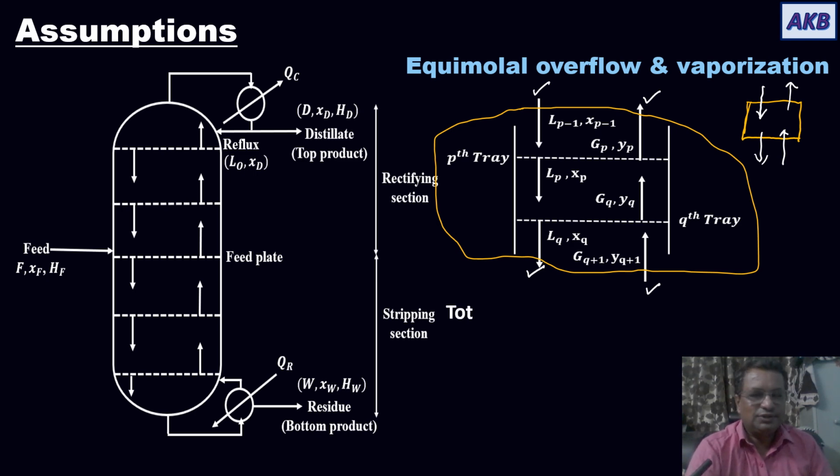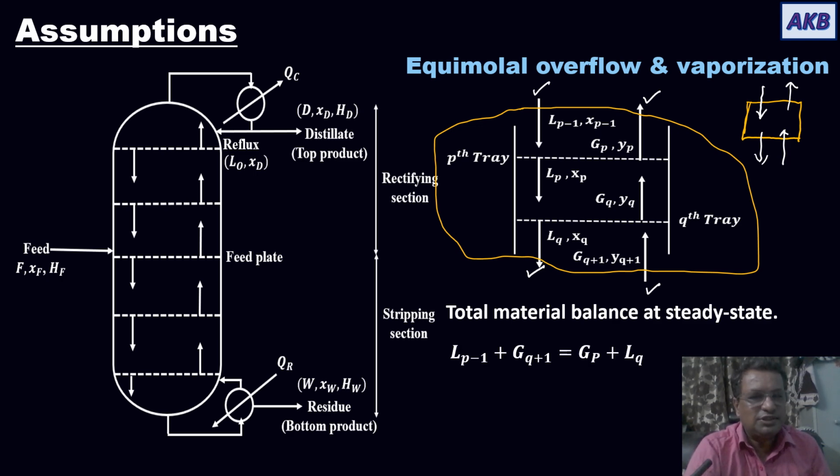If you consider the steady state total material balance for this envelope, it will be simply written as input is equal to output. Input is this plus this, so you have L P minus 1, the liquid stream that is entering, plus G Q plus 1, the vapor stream that is entering.